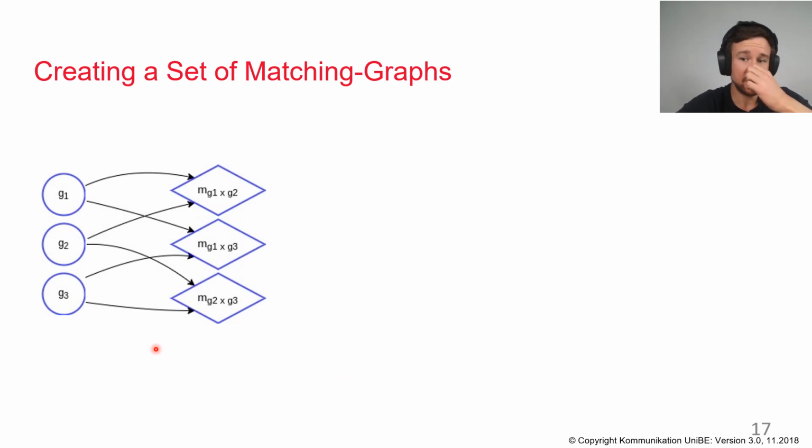As I mentioned, we only use the source matching graphs from the edit path source to target graph. So in this example, one matching graph would be from the edit path G1 to G2, then one from G1 to G3, and then G2 to G3, meaning we created 3 matching graphs in this case.